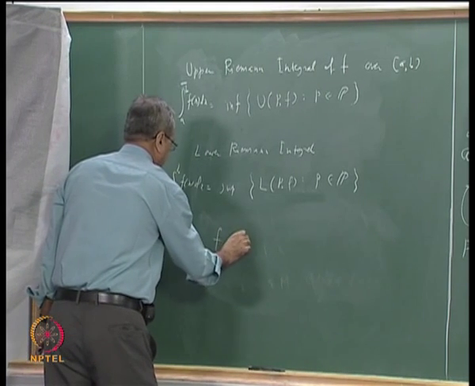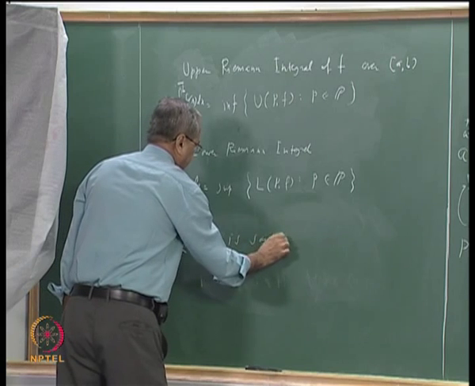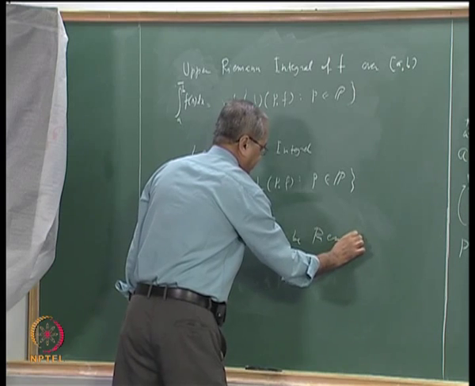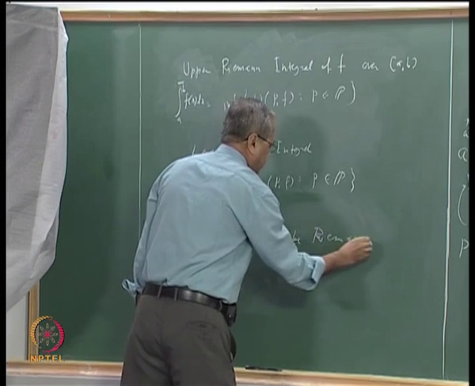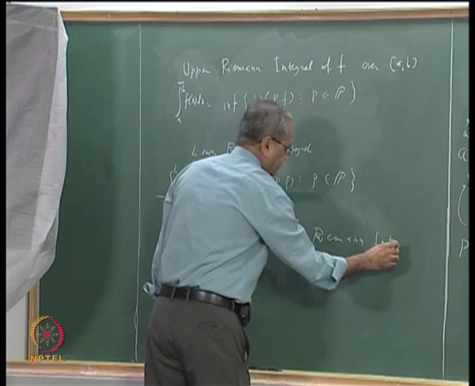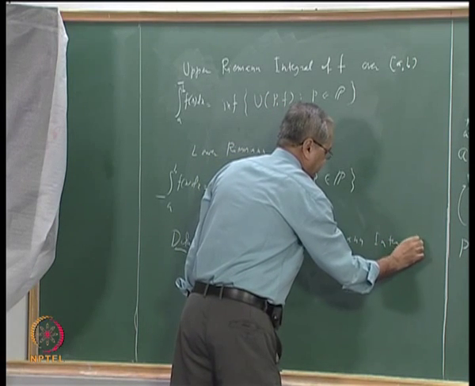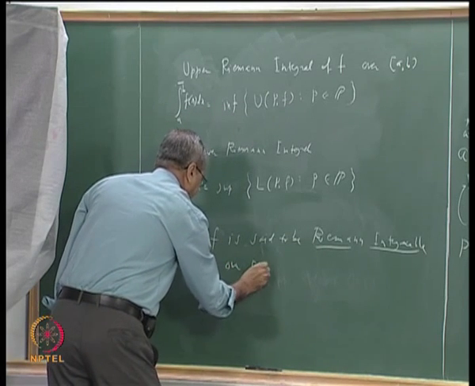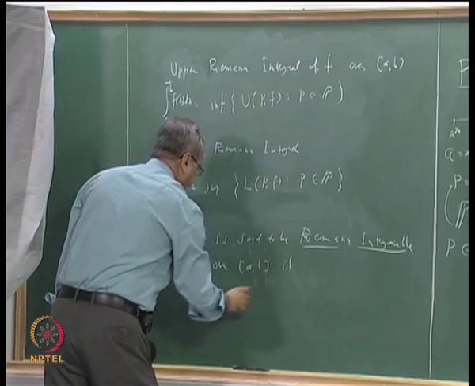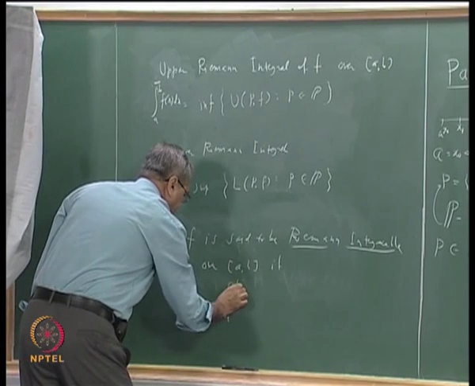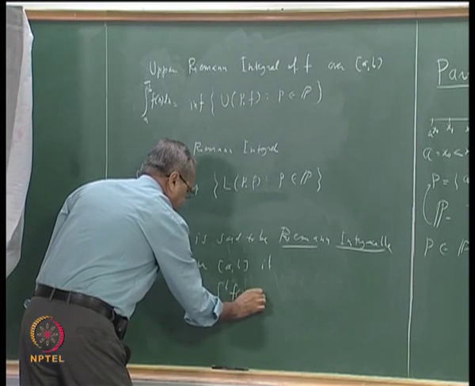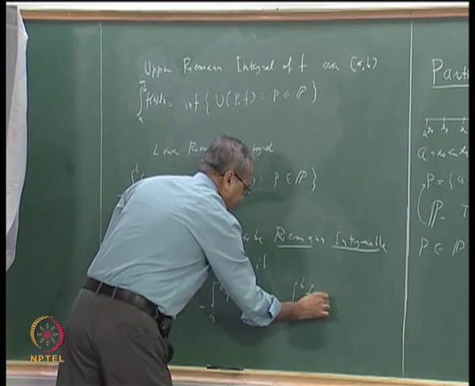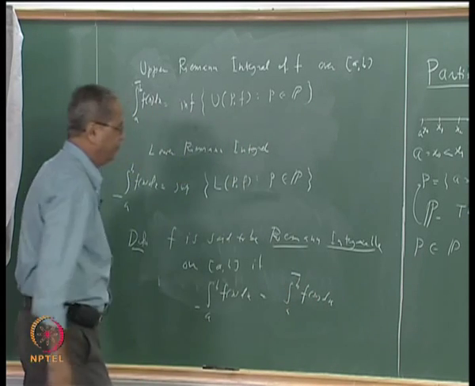okay. f is said to be Riemann integrable over a b if this integral a to b f(x) dx, that is the lower integral, is the same as the integral a to b f(x) dx, the upper integral, okay.